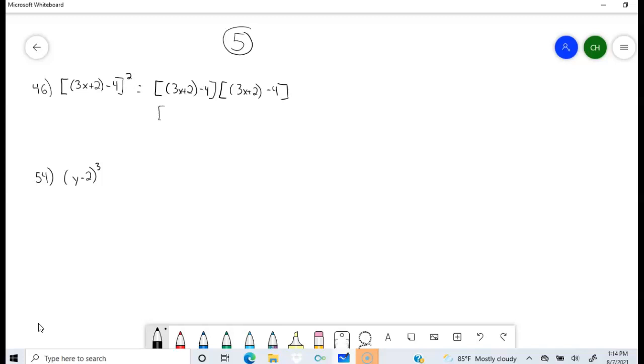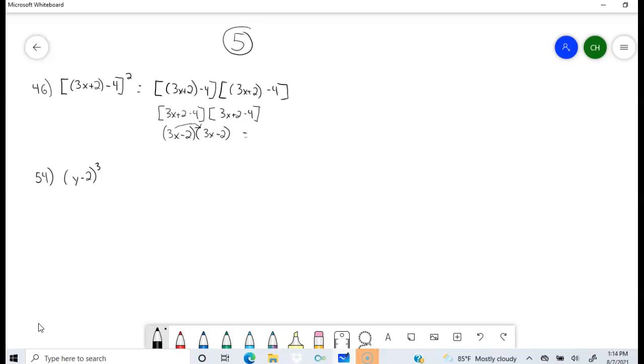That becomes 3x plus 2 minus 4, 3x plus 2 minus 4. 3x, 2 minus 4 is minus 2, and now we FOIL.